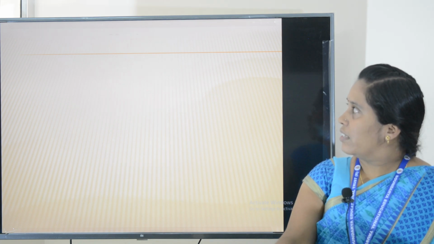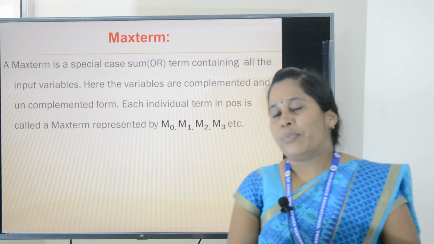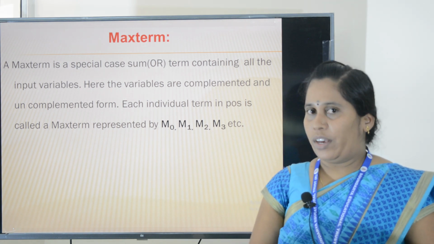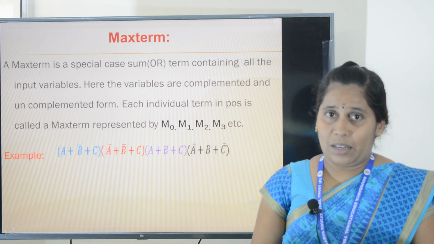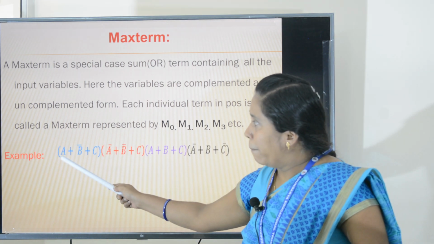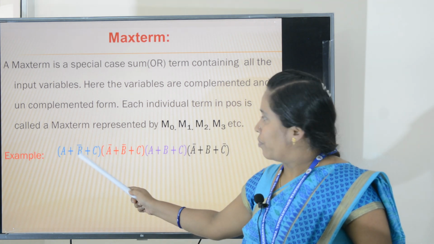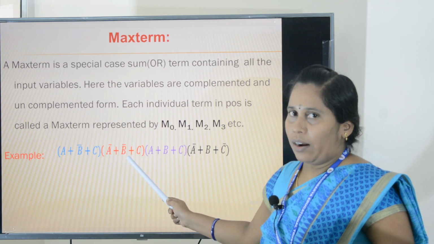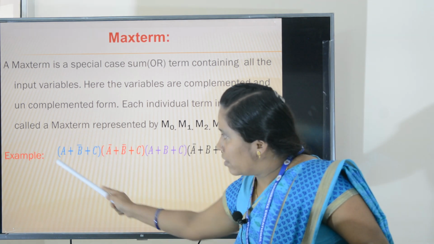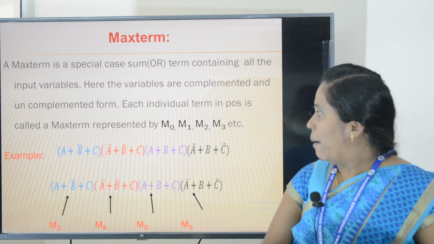The next term is Maxterm. So each sum term in canonical POS is called a Maxterm. So it is a special sum term. The sum term a plus b bar plus c is called a Maxterm. And the second, a bar plus b bar plus c, is called a Maxterm. Each sum term in canonical POS is called a Maxterm.